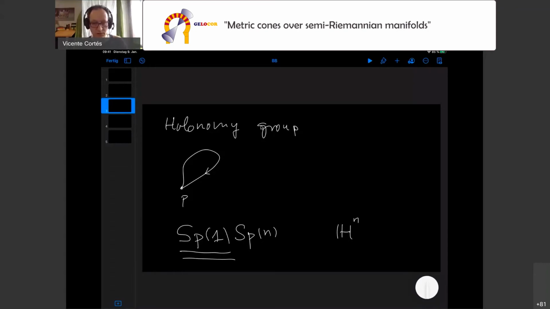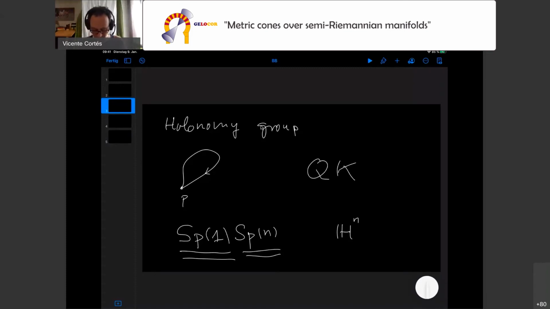So this H^n, you can think of as some kind of quaternionic vector space. In fact, it's a module over the quaternions. And Sp(n) is the subgroup of the orthogonal group which commutes with this quaternionic multiplication. So this is the group Sp(1) times Sp(n), and it defines a so-called quaternionic Kähler manifold.